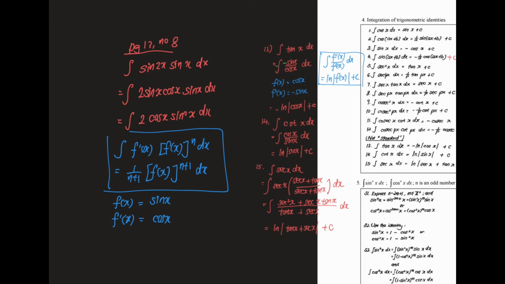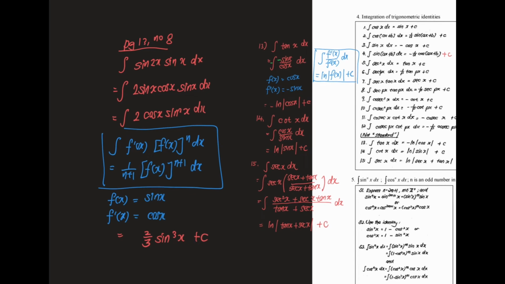Okay, so I can use the formula. Then I will get sine to the power of 3 x divided by 3. The 2 is still there. Divide by 3. The f prime of x disappears. Then plus c. Okay, so that is how we get the answer based on that formula. Okay, now let's move on.